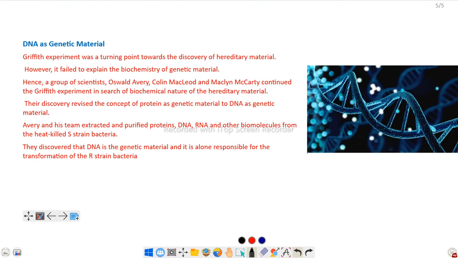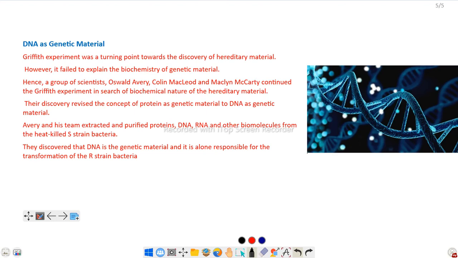Avery and his team extracted and purified protein, DNA, RNA and other biomolecules from the heat-killed bacteria. Our point is that from that heat killed S strain, something is transferred to the R strain. That's why the R strain behaves as virulent or poisonous. So something is there in the heat killed S strain bacteria.